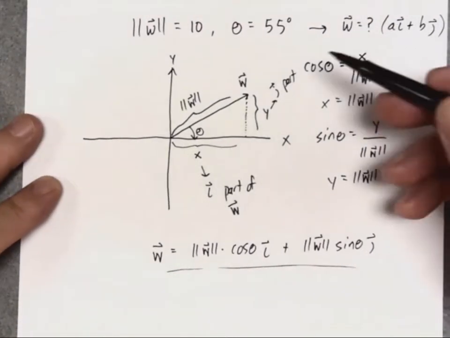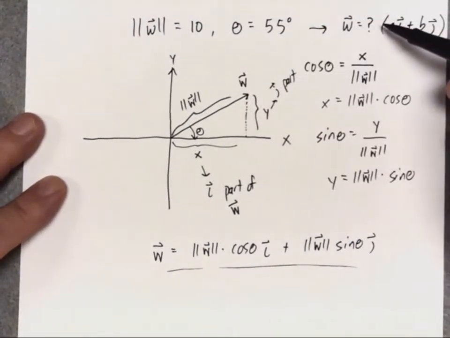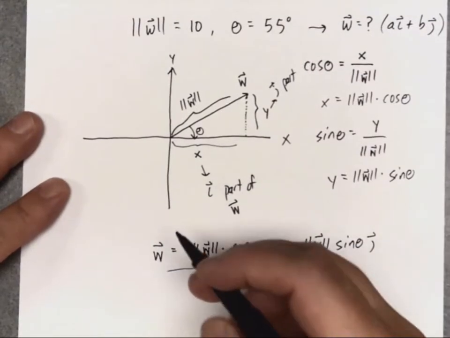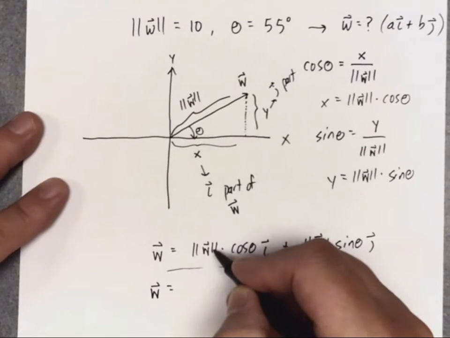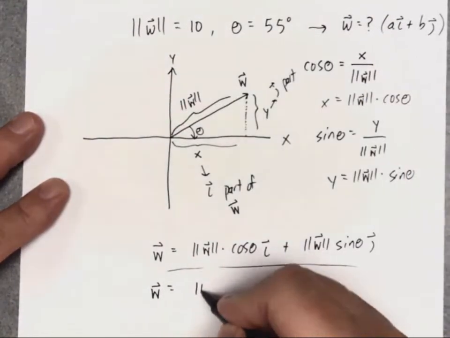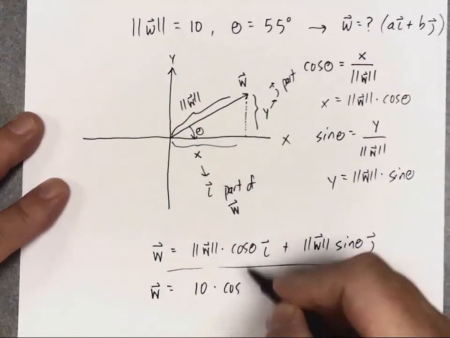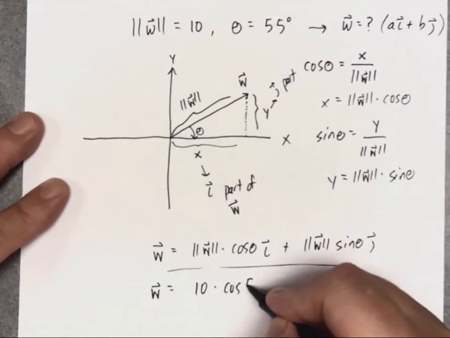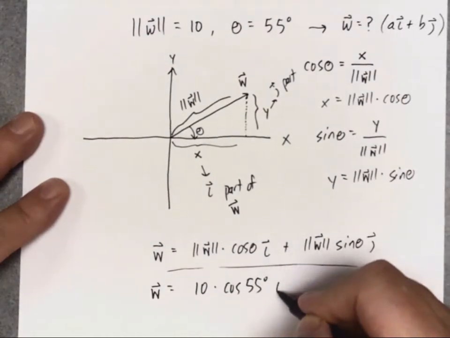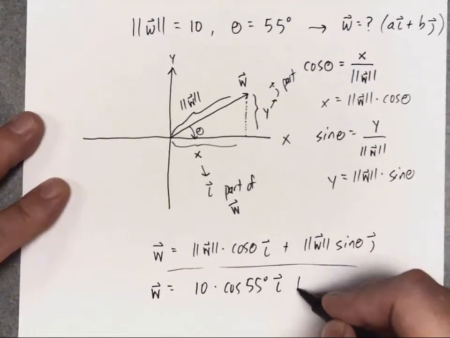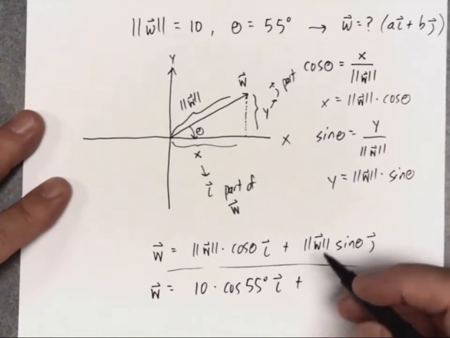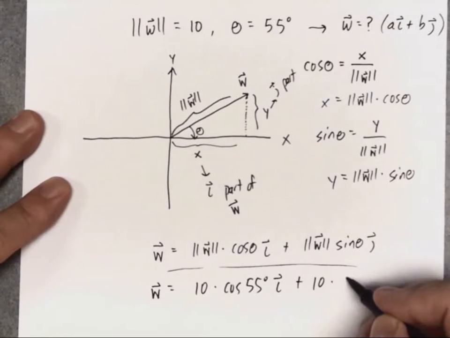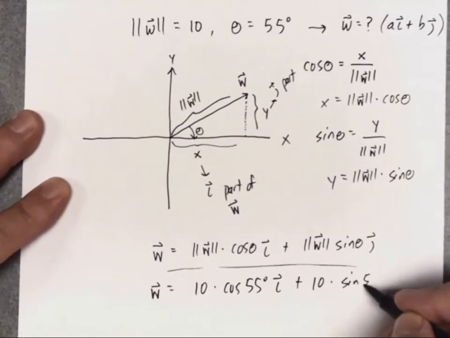So now if I want to solve this problem up here, I simply fill in what I know. I know the magnitude of the vector W is 10 times the cosine of the angle, which is 55 degrees. And that's going to be the i part of my vector. And then here, the magnitude again times the sine of 55 degrees.